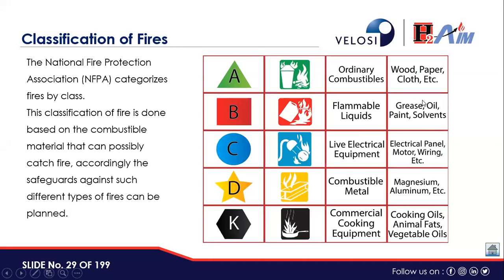Then flammable liquids like grease, oil, paint, solvents, or hydrocarbons also, and this is class B. Then there are live electrical equipment, electrical panels, motors, wiring-related fires, which are called class C. Then combustible metals like magnesium, sodium, aluminum are class D, and commercial cooking equipment like cooking oil, animal fats, and vegetable oils are category or class K.